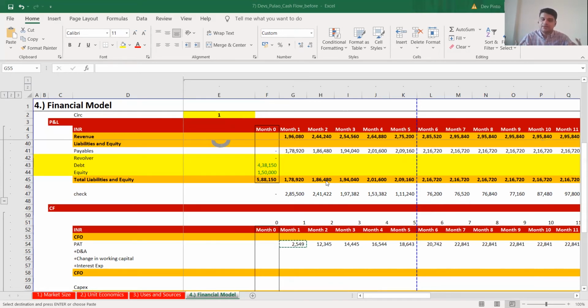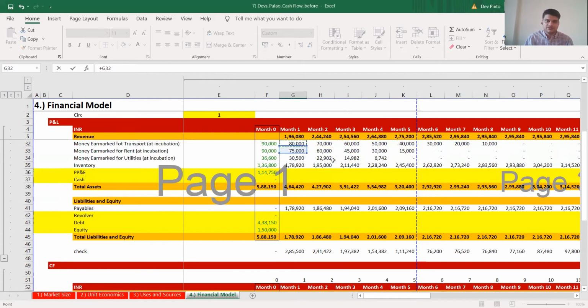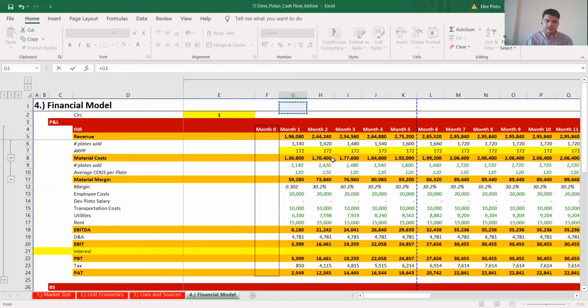But this 8,333 in depreciation expense is not a real cash item. I'm getting credit for it to decrease my taxable income by this amount, but I've not paid a cash expense to the tune of this 8,333 rupees. So net, I've got to add it back to PAT. This is the first adjustment we make. So let's just add this back.